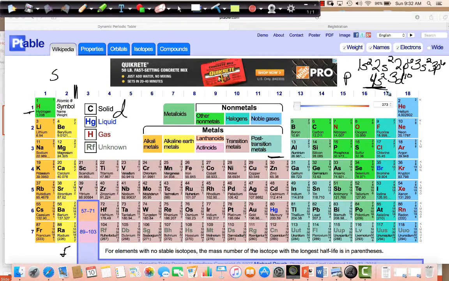So if it were to become an ion, we can get rid of these 2 electrons, and then it would have a full third energy level. That would be the new configuration if we were to write the zinc ion. So zinc has a +2 charge, and we can look at the configuration and say it's going to lose these 2 electrons right here.